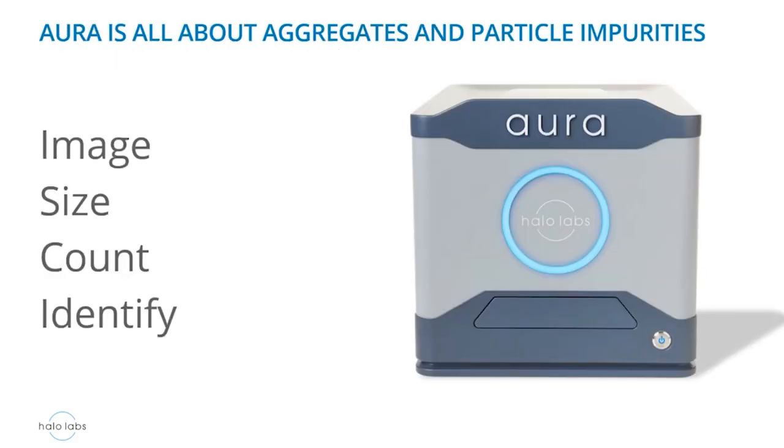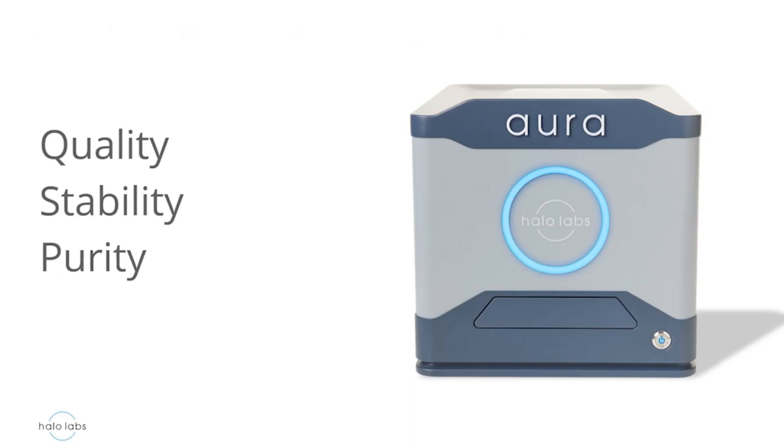My introductory slides might have already given this away, but fundamentally, the Aura serves the purpose of allowing you to characterize aggregates and particle impurities, and this is done by imaging, sizing, counting, and identifying every single particle that is in your sample, thus allowing you to ensure the quality, stability, and purity of your drug products.